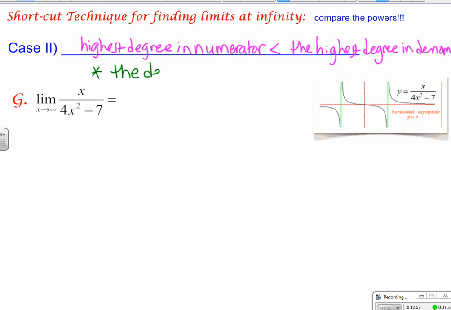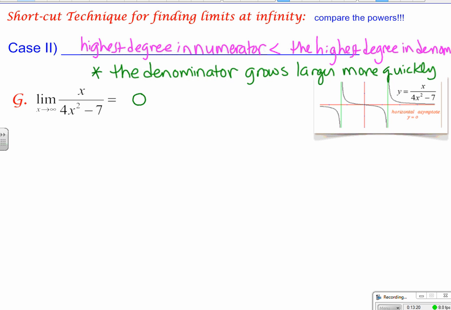The denominator grows more quickly. So if this is growing larger faster than the numerator, I would have this thing going to 0. So the limit is 0.